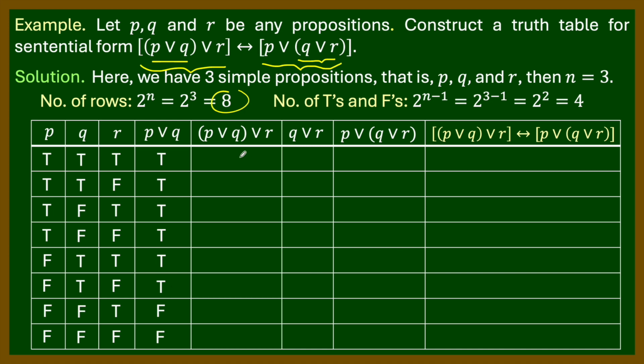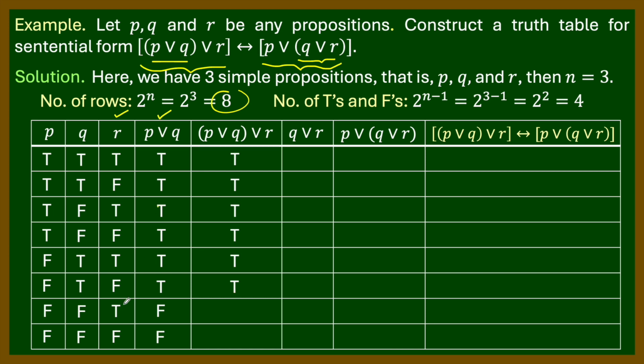Now, to obtain the truth values for this column, let us focus on the P disjunction Q and R columns. T disjunction T, true. T disjunction F, true. Same reasoning.